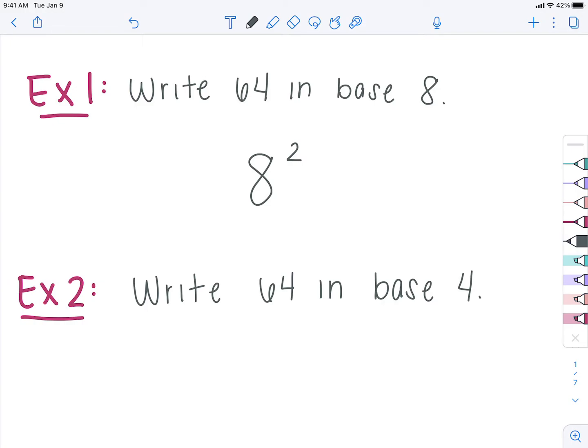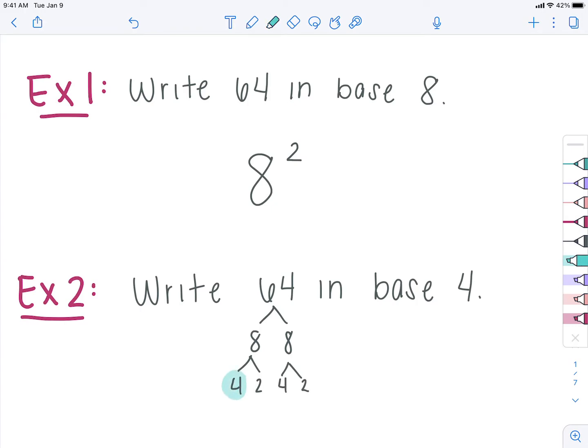I need 3 4s. If I wasn't sure, one, I could whip out my calculator and see how many times I have to multiply 4 until I get 64. If I didn't have a calculator, I could say, oh, I know 64 is 8 times 8, right? And I know that 8 is 4 times 2, and 4 times 2.